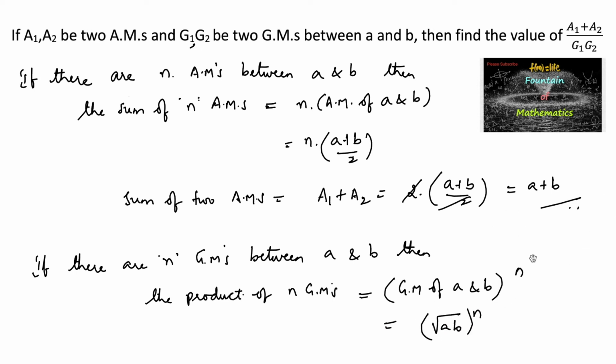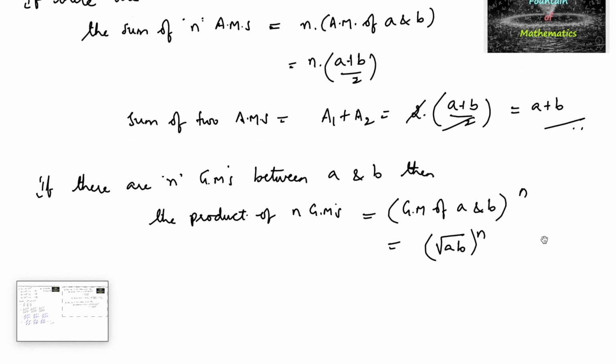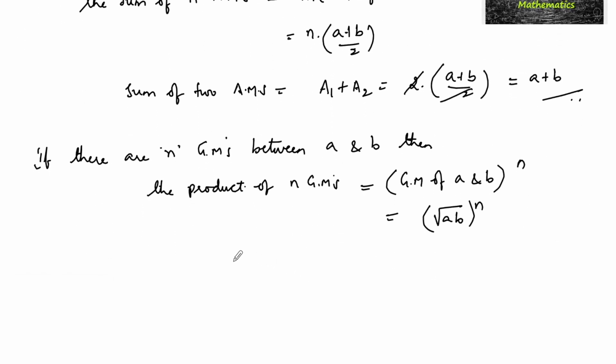So here there are two geometric means g1 and g2 between a and b. So we can write the product of two geometric means g1 into g2 is equal to root of ab whole to the power n, here two geometric means, so we can take n is equal to 2.